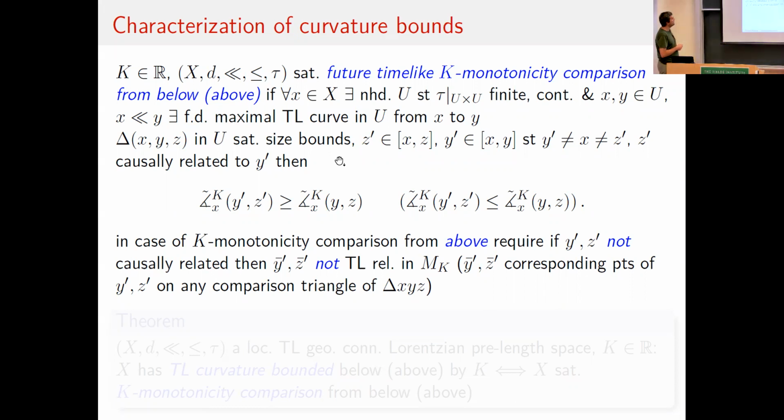And if you look at a small time-like triangle in U, and you take two points on the sides, so Z prime on the side XZ and Y prime on the side XY, such that they are not equal to the vertex, then actually the angle gets bigger if you go to the vertex. So this is monotonicity comparison from below. I will just maybe draw it.